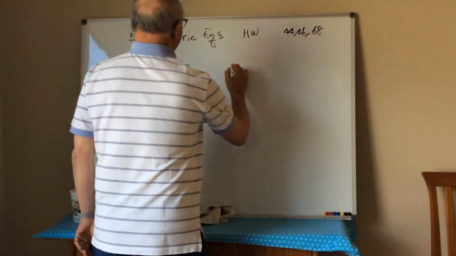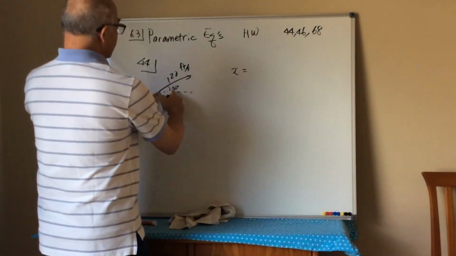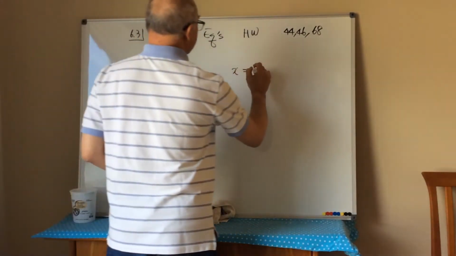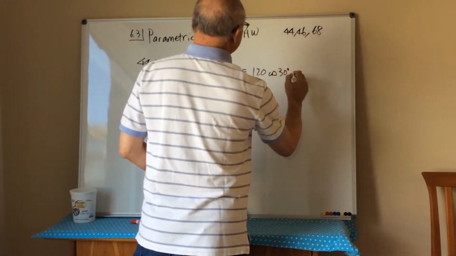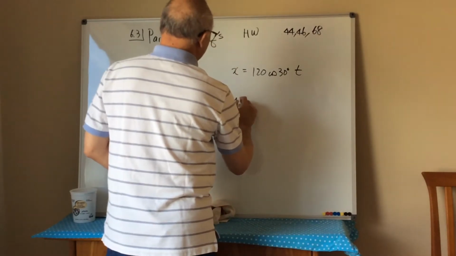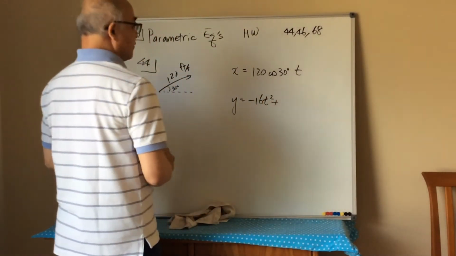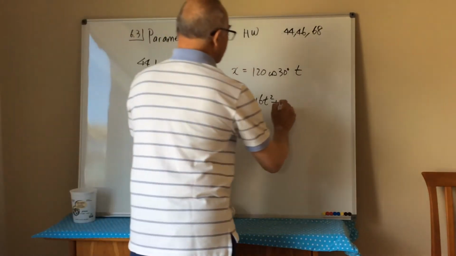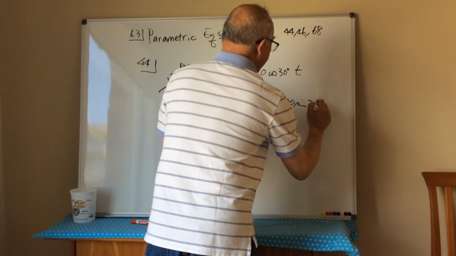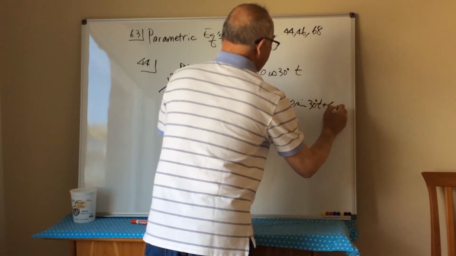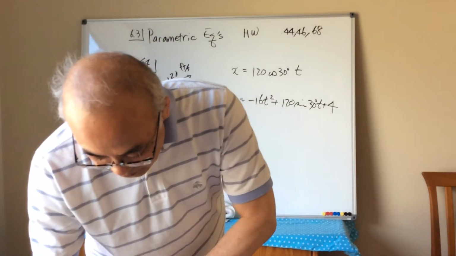So in the x direction, x is equal to 120 cosine 30 degrees t. y is equal to negative 16t squared plus v naught, which would be 120 sine 30 degrees t, plus 4 feet above the ground.